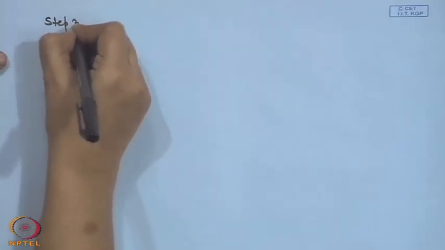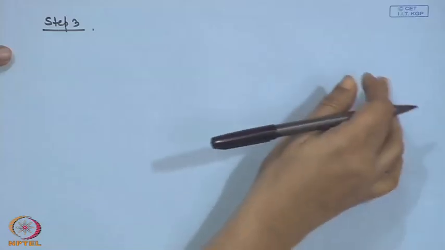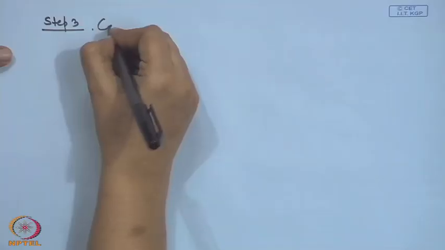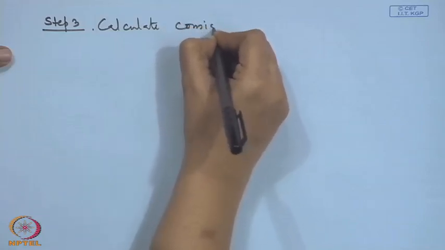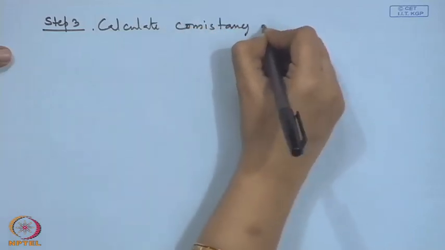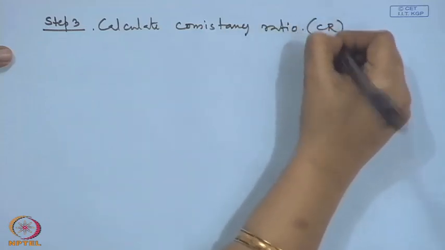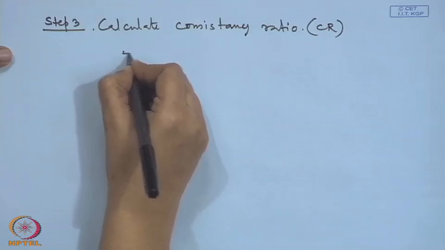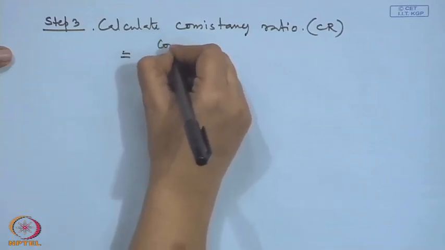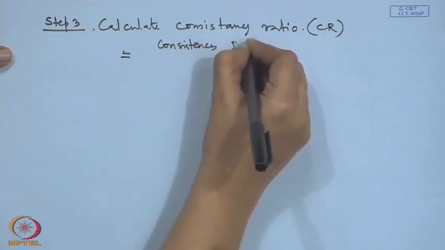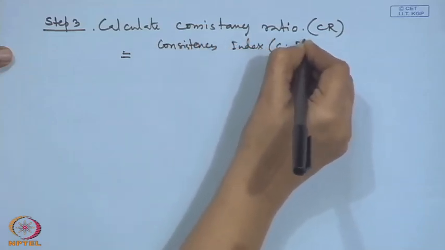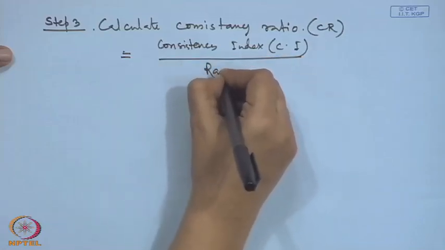Now, the next step is step 3, we are determining the consistency ratio. And this is being calculated as consistency index divided by random index.